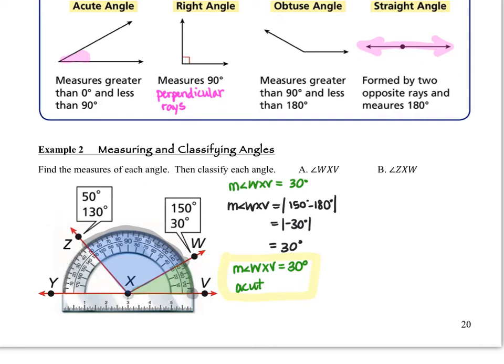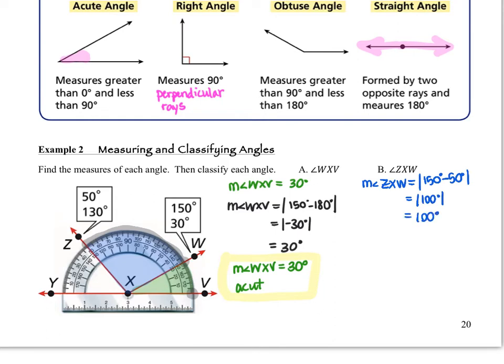So that means that we're going to be able to write the measure of angle ZXW as the absolute value of the difference between 150 degrees and 50 degrees. So that's going to give us the absolute value of 100 degrees, which is 100 degrees.